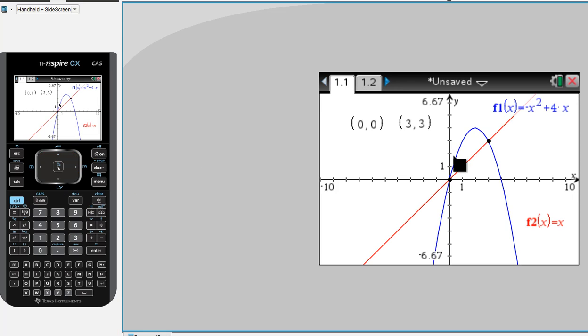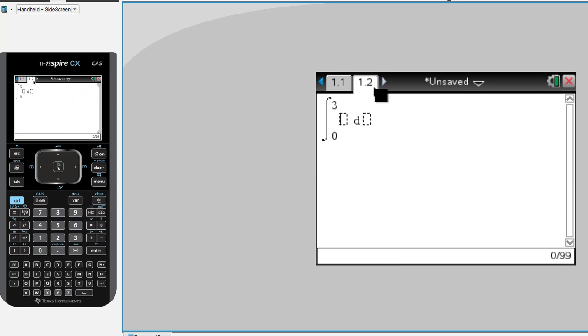And the upper function is the blue one, f1. And the lower function is f2.